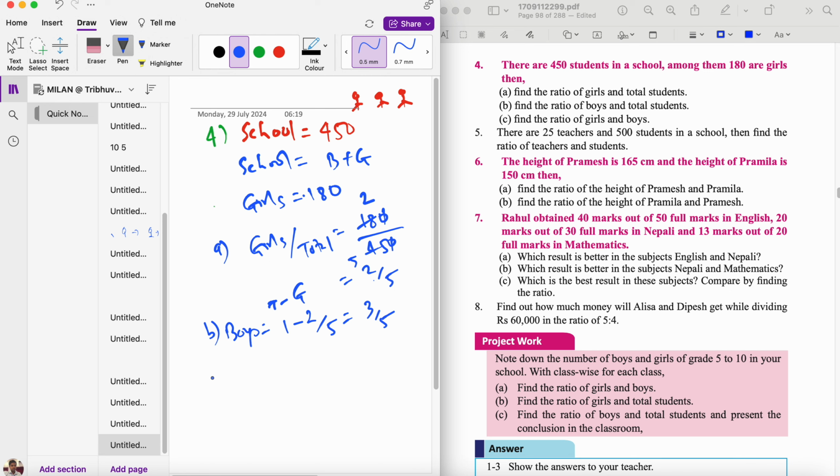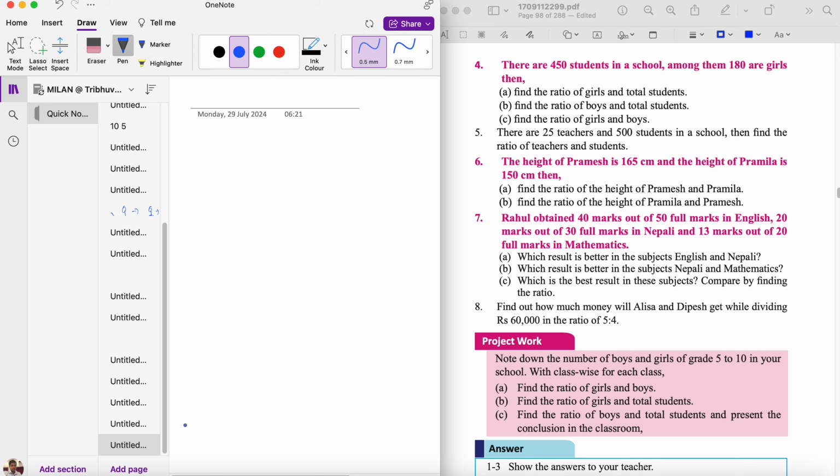The ratio of girls to boys is 2 by 5 over 3 by 5, equal to 2 by 3. Finished. No need to be confused, okay?